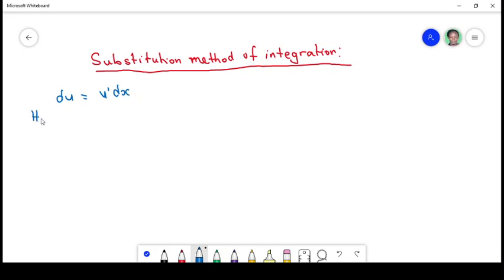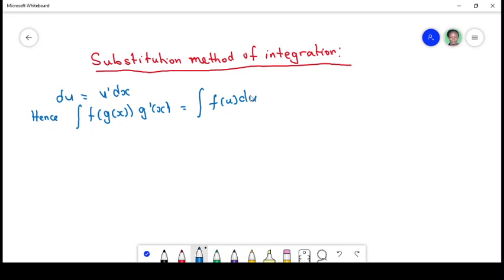Hence, I'm writing the integral of f of g(x), just like a composite, and I want to find the integral using the substitution method. So I have a function f of u. I want to write my function in terms of another variable and then evaluate.